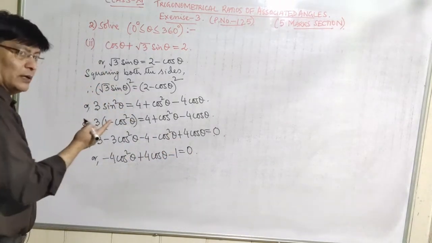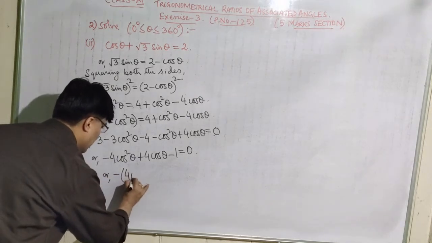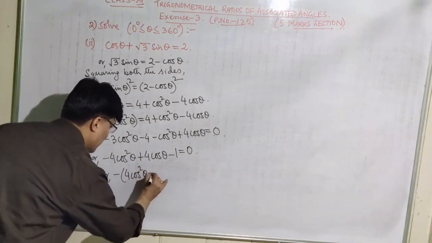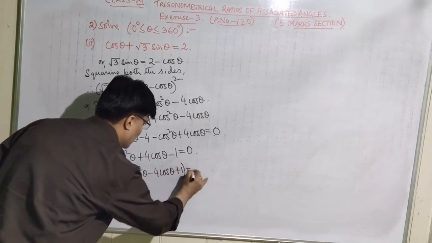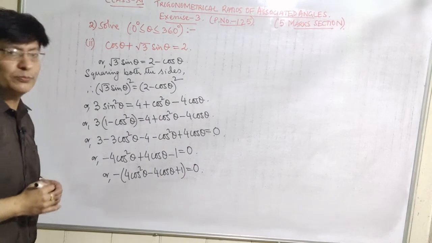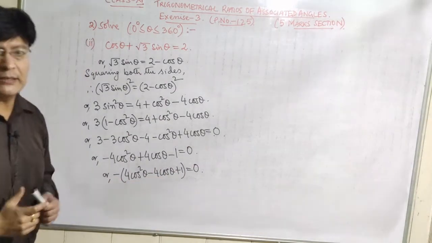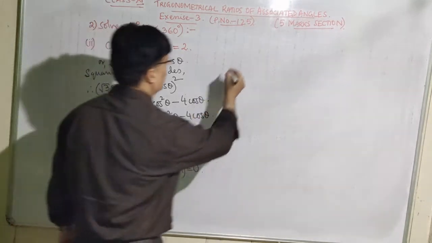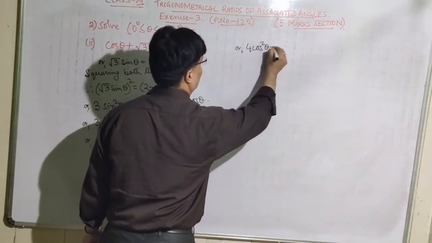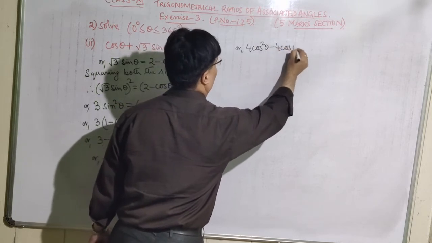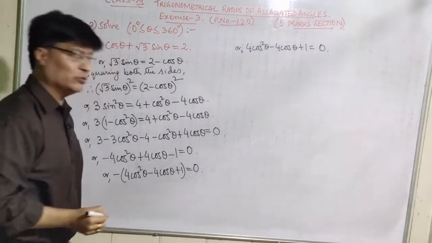Again you take minus common, so within the bracket 4 cos square theta minus 4 cos theta plus 1 is equal to 0. Since there is 0 on the right hand side, you don't have to write the minus sign there. So what do we get? It is 4 cos square theta minus 4 cos theta plus 1, which is equal to 0.